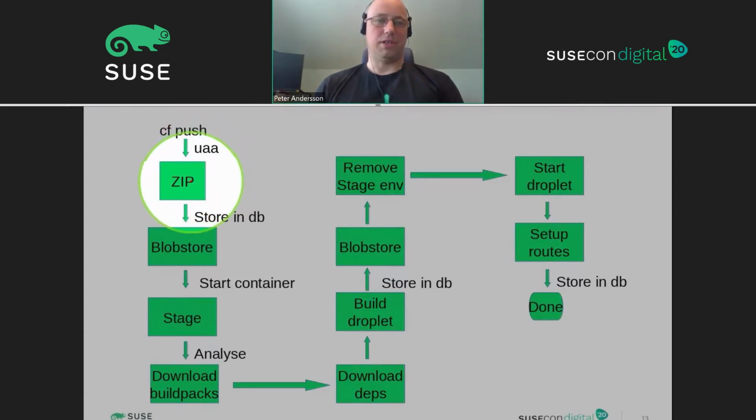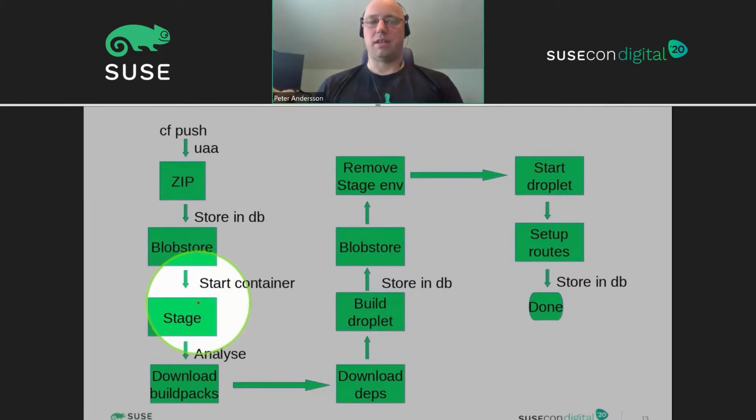And as I had logged in, I was allowed to do that, so it zips everything in my directory and sends it up to SUSE Cloud Application Platform, stores it in a blob store, and starts a container.